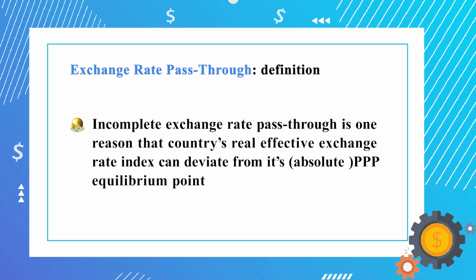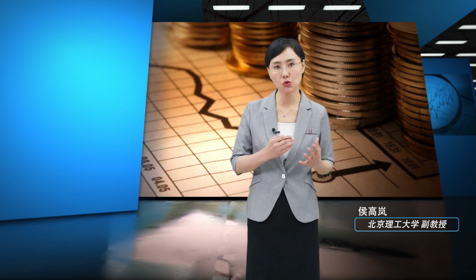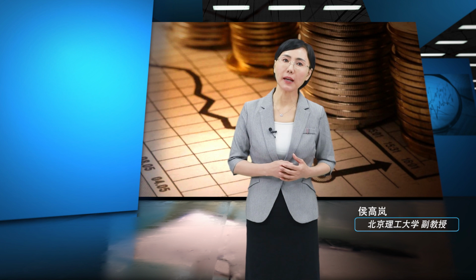When the exchange rate pass-through is incomplete, then the country's real effective exchange rate index will deviate from its PPP equilibrium point. In order to understand the incomplete exchange rate pass-through, let's examine an example here.